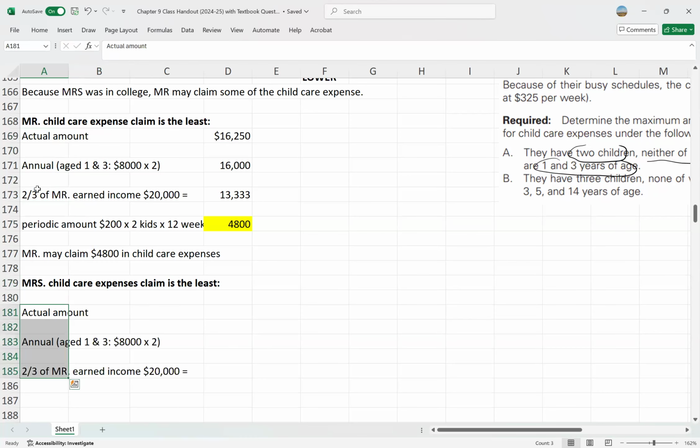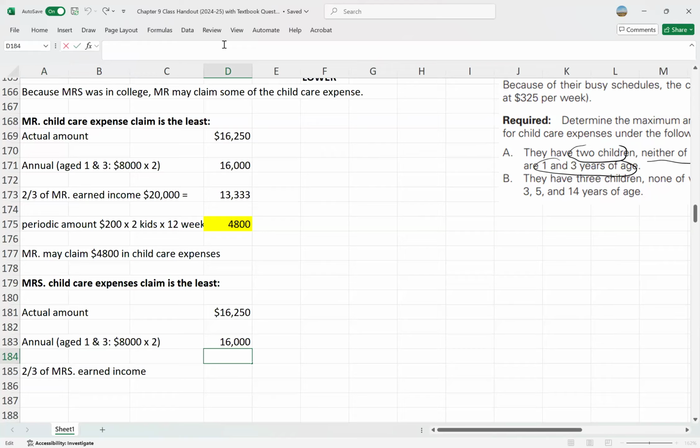So it's going to be the least of the actual, the annual, and 2/3 of her earned income. Now the first 2 amounts are going to be the same, right? The actual amount doesn't change, 16,250. The annual amount doesn't change because the kids are still the same age. The only amount that will change will be her earned income.